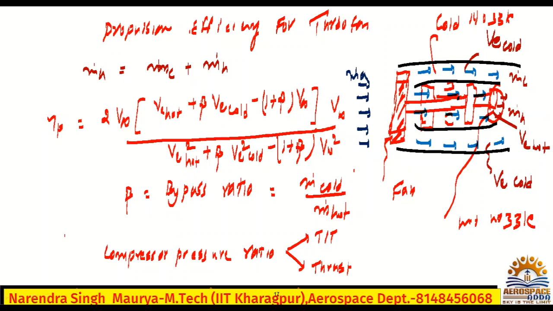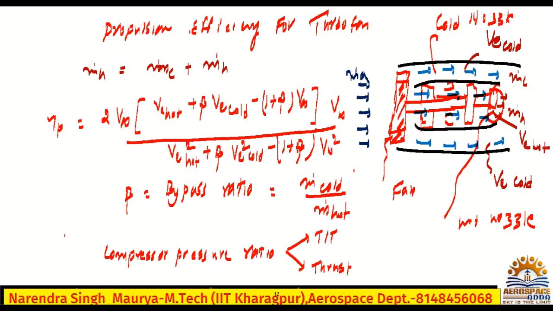If you are increasing the compressor pressure ratio, the turbine inlet temperature will be increasing, and the exit velocity will be increasing. Okay. At the same time, if you talk about the thrust, what will happen to the thrust? Obviously, thrust will also be increasing. All right. Here, that cold velocity, because it is in the cold channel, is not going to change.